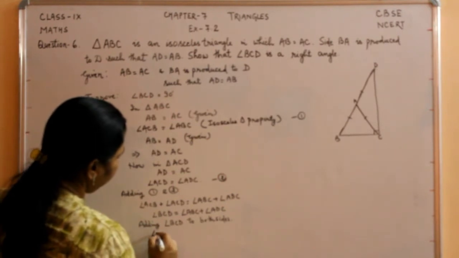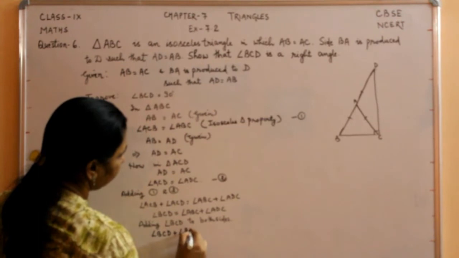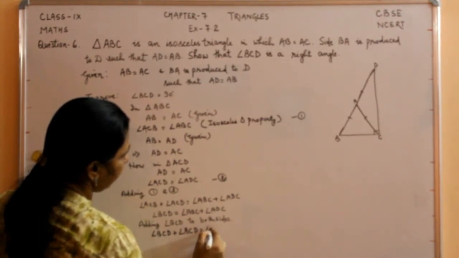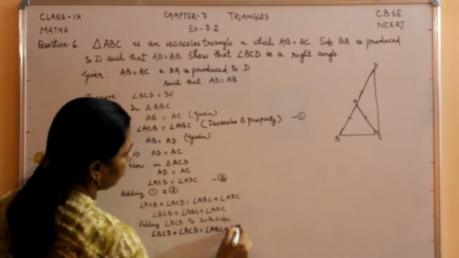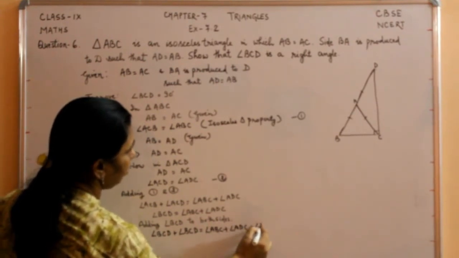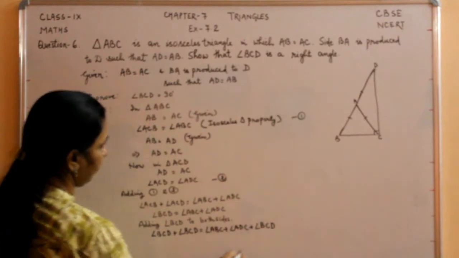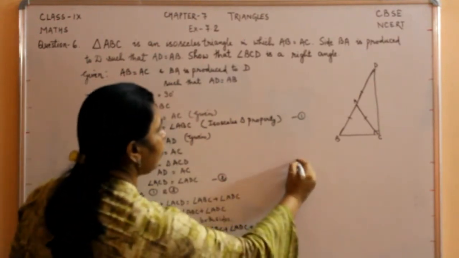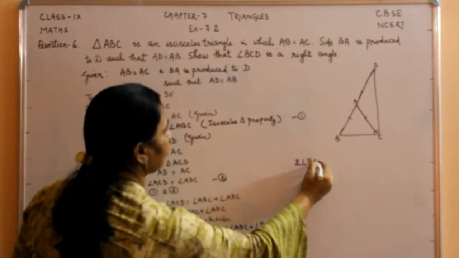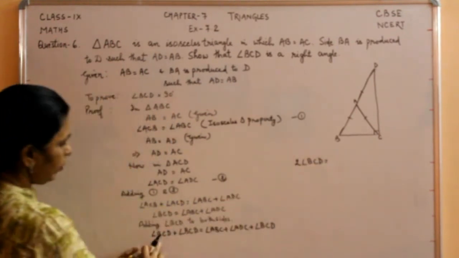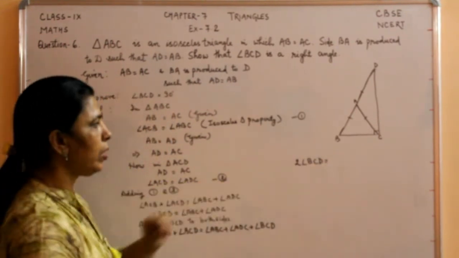We will get angle BCD plus angle BCD is equal to angle ABC plus angle ADC plus angle BCD. Now 2 times angle BCD.